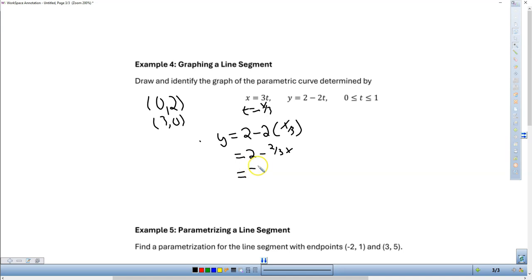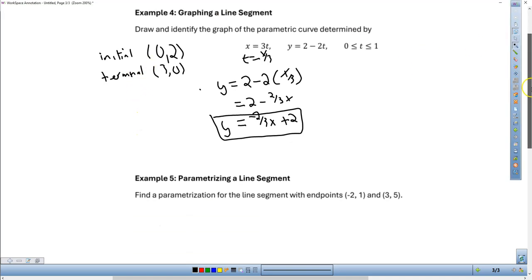So we'll make this a negative 2/3 x plus 2. And this, of course, would give us the equation that is mapping with our initial point starting at 0, 2 and our terminal point at 3, 0.